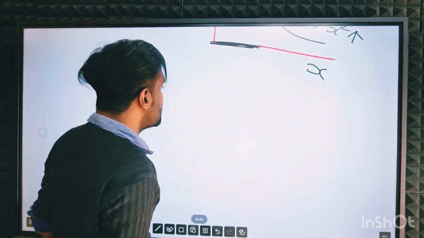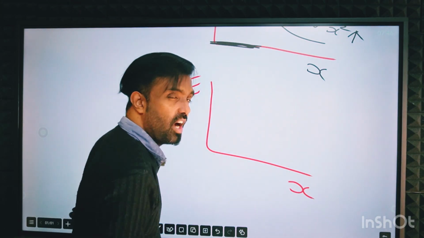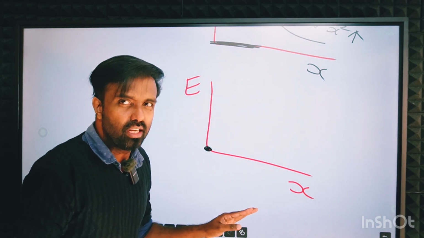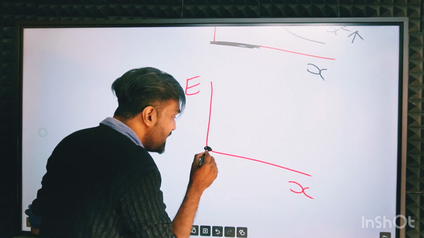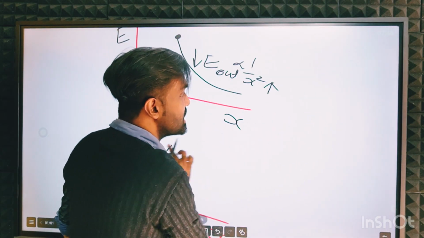And for the solid charged sphere, let's imagine we have an electric field intensity and distance curve. We know that at the center, electric field is completely zero. But from the center to the surface, there is electric field, because this formula is present there.